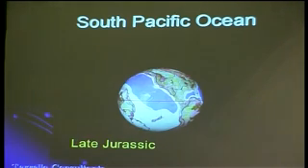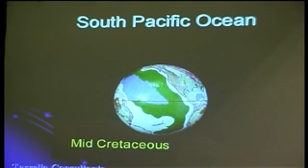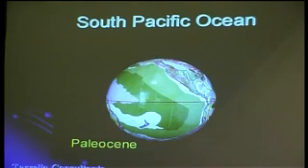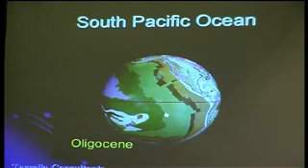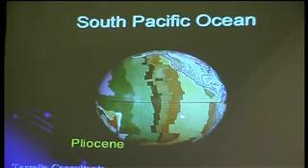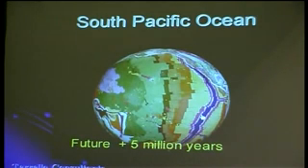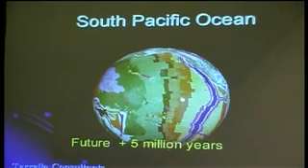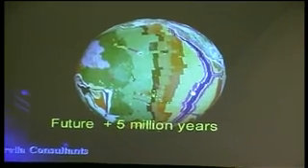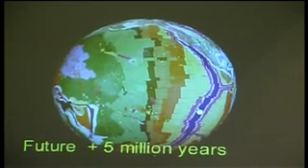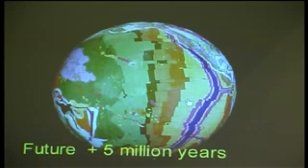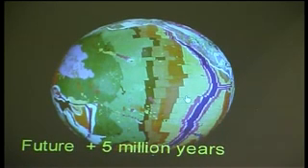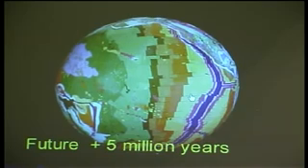That's Australia and New Zealand against America. This spreading rate, that's the future spreading rate. So the current spreading rate in this East Pacific rift zone is around 8 to 10 centimetres per year.